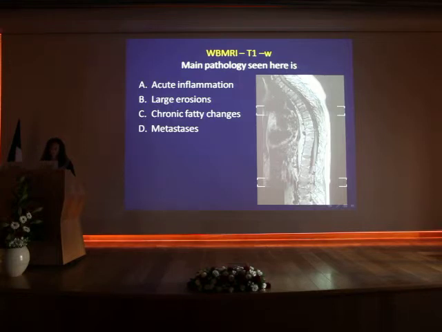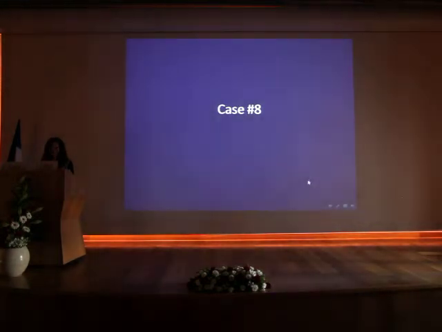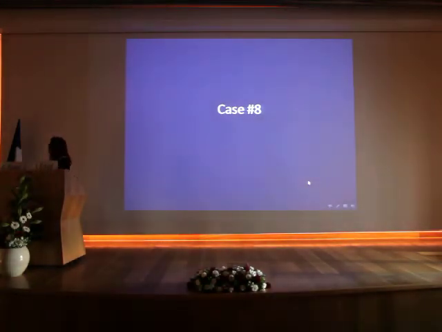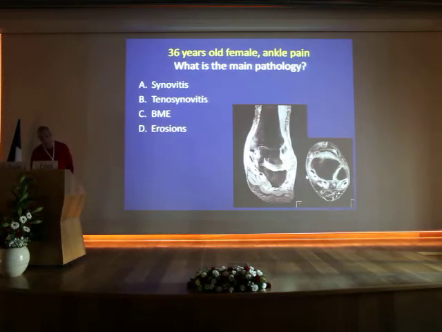So this patient has a lot of lesions, and it was actually mistaken by a neuroradiologist to be metastasis. The problem is that many of the spine cases are read by neuroradiologists who have less awareness, let's say, of spondyloarthropathies than musculoskeletal radiologists.